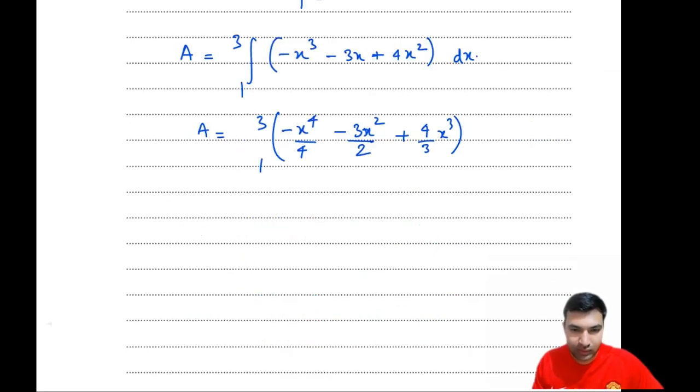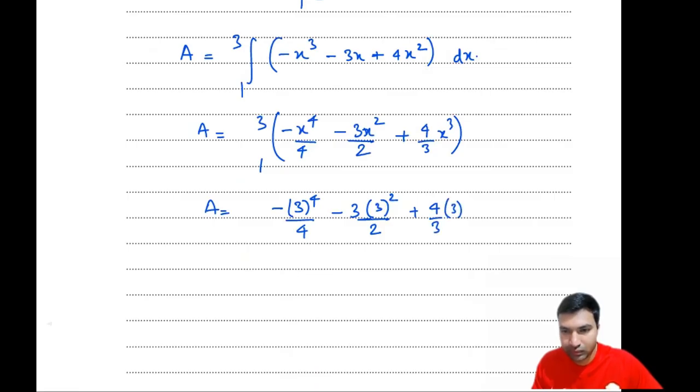So now integrating it further, we get the upper limit, that is negative 3 to the power 4 over 4, negative 3 times 3 squared over 2, plus 4 over 3 times 3 cubed. So that's upper limit minus lower limit, that's negative 1 by 4, negative 3 by 2, and positive 4 by 3.